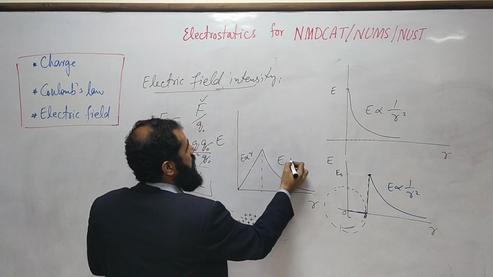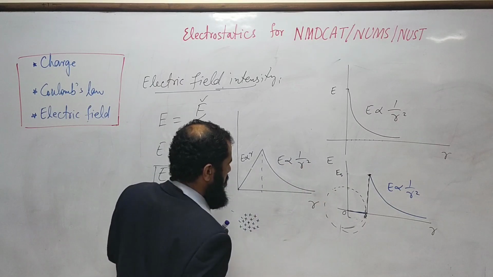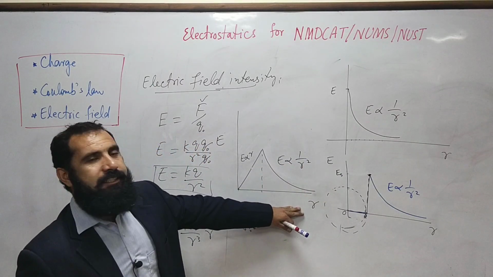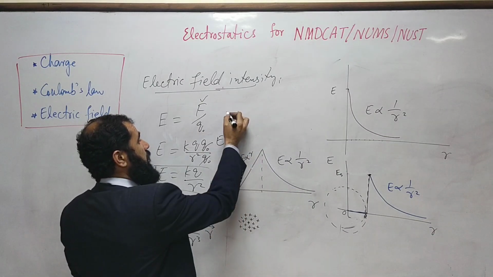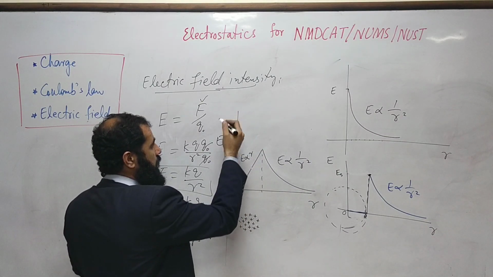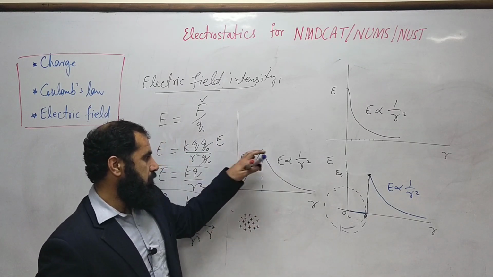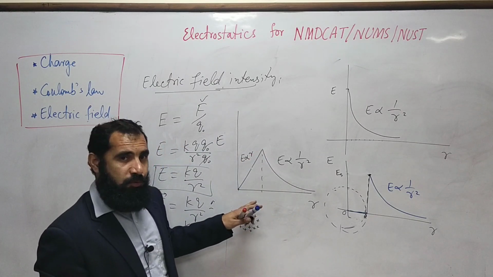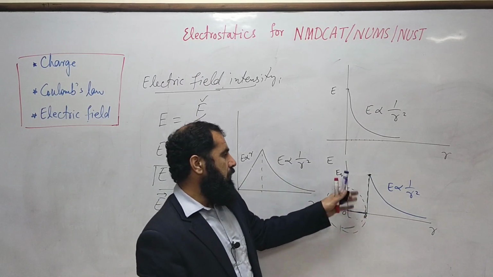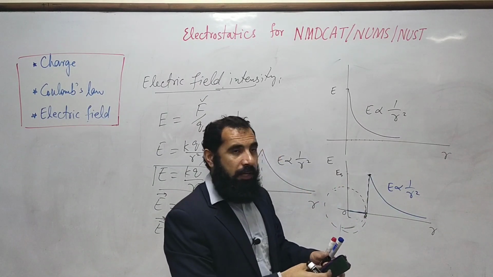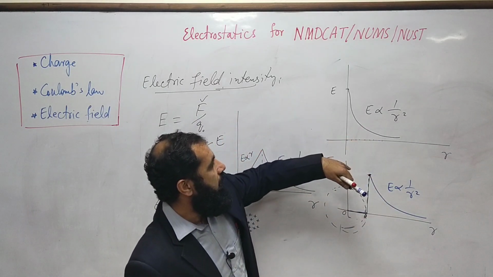So this is E proportional to 1 by R square. So these are different cases when we can draw the graph between E and R. This is for a three-dimensional distribution of charges. This is for a conducting shell or conducting sphere, and this one is for a point charge.